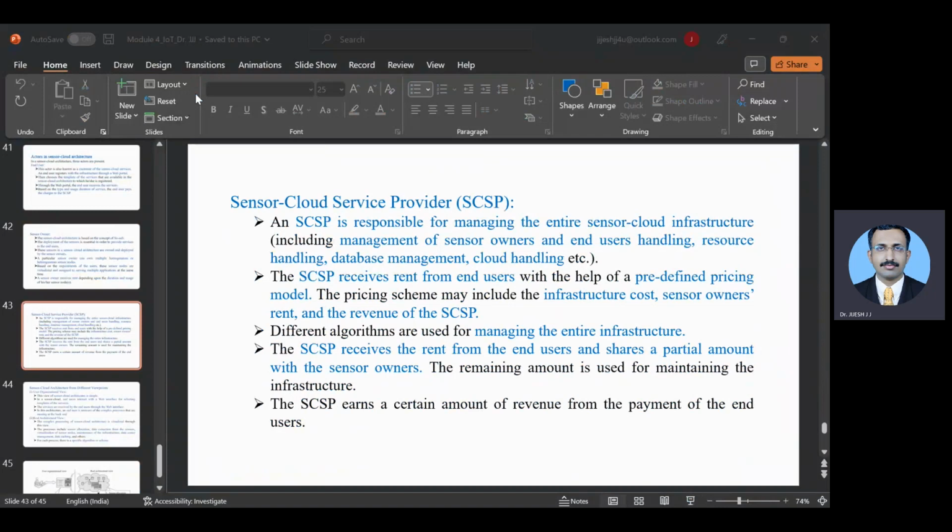The sensor cloud service provider will collect the entire money from the end users, and they will distribute it to the sensor owners. They distribute it for infrastructure development and for the entire process, and they make sure that everything is established.